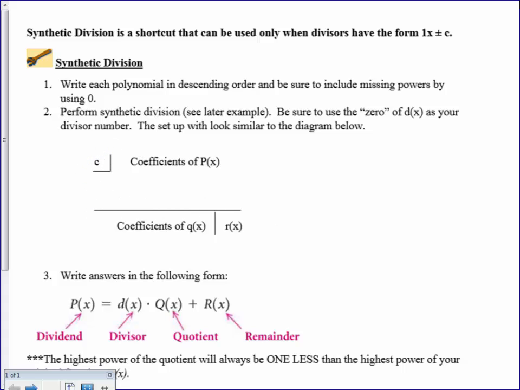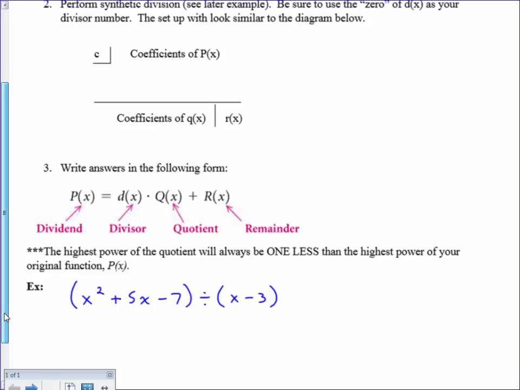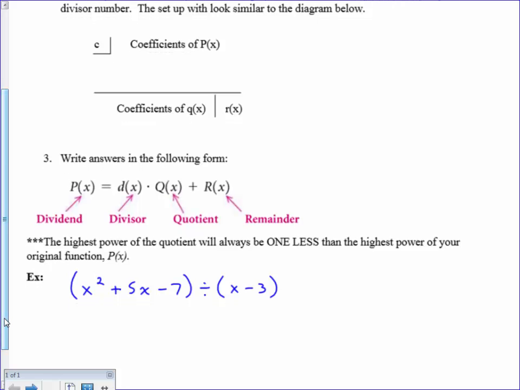When we actually write our answer down, the answer is going to be written the same way as the other problems in this section, where you basically say that your function is equal to the divisor times the quotient plus the remainder. The trick is, whatever the degree of your original polynomial is, let's say it's n, the actual quotient will always be 1 degree less.